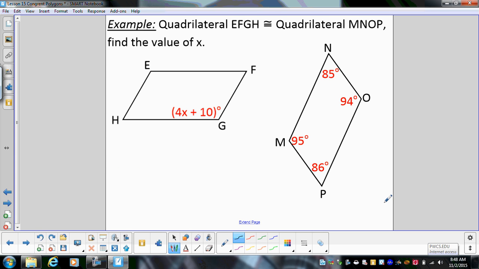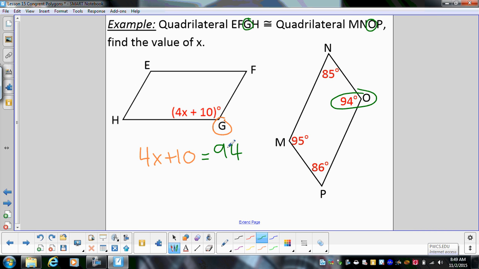We can also use this information to do some algebra, find some angle measures, find some side measures. Here I have 2 congruent quadrilaterals. One has all the angles labeled and one has an expression. Angle G is the angle I'm interested in, 4x plus 10. If I look at the names, G corresponds to O, which right here is 94 degrees. So I know that those two angles are corresponding.